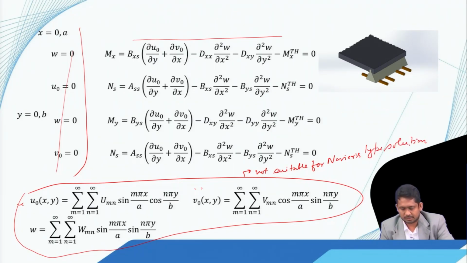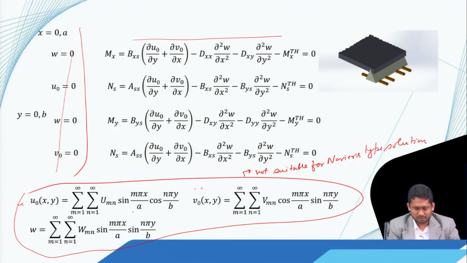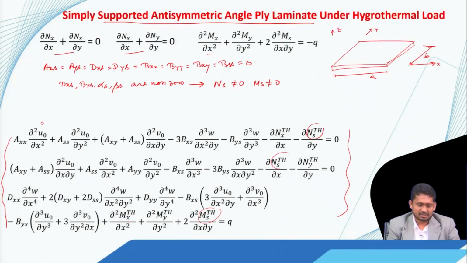solution. For example, in the first equation, if we put these assumptions, we get a sine cosine term here, because u0 is Umn sin(m pi x by a) cos(n pi y by b). If I differentiate that twice with respect to x, I get sine cosine terms. Similarly, if I differentiate u0 twice with respect to y, I get sine cosine terms.